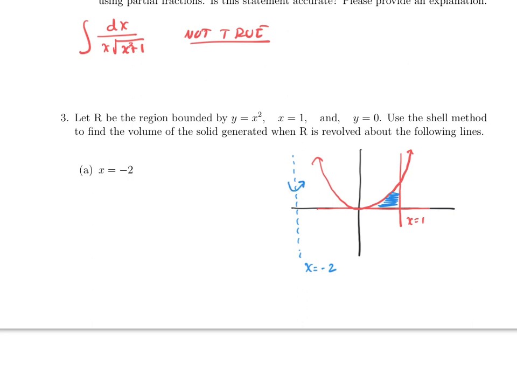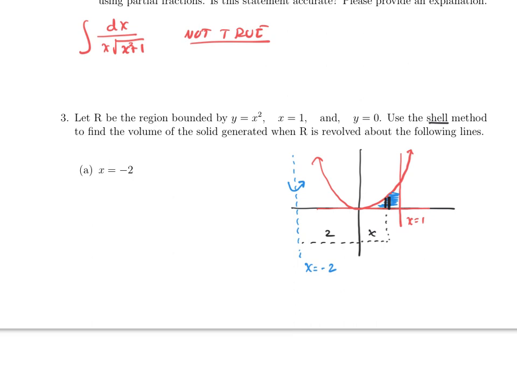All right, so for the shell method, the partition has to be parallel to the axis of rotation, so it should be this. Now notice that the distance between here and here is x, and the distance between here and here is 2. So therefore the total distance is going to be x plus 2.